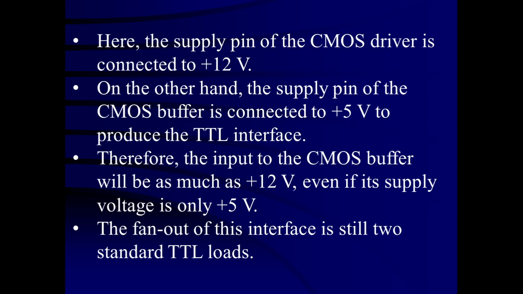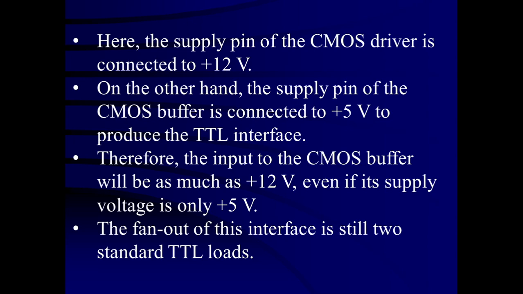The CMOS driver is operating as usual at plus 12 volt and the output of the CMOS driver is connected to the CMOS buffer IC 74C902, which can operate at a supply voltage of 5 volt, but its input can be the output from the CMOS driver, and when the CMOS driver output is high, it will provide plus 12 volt as input to the CMOS buffer.